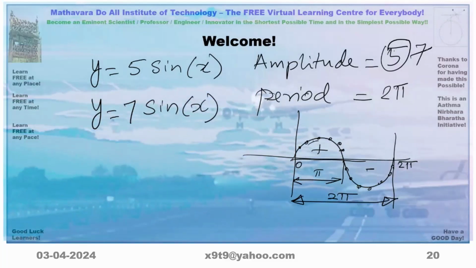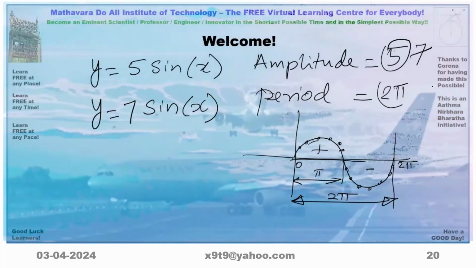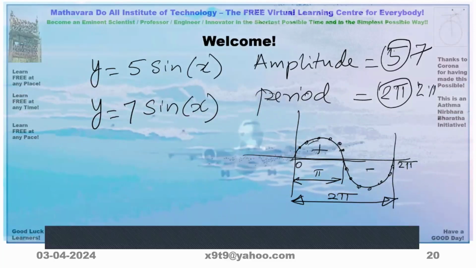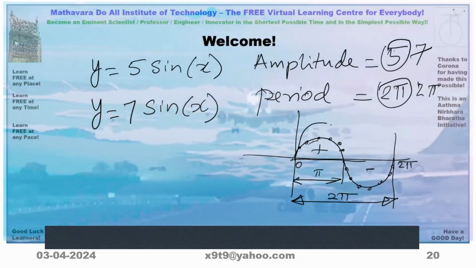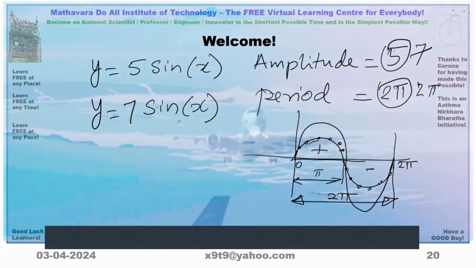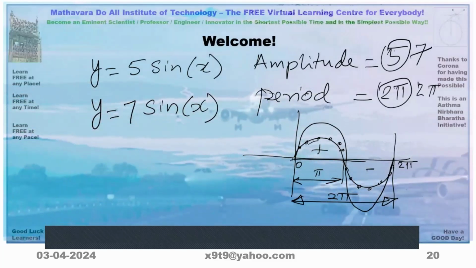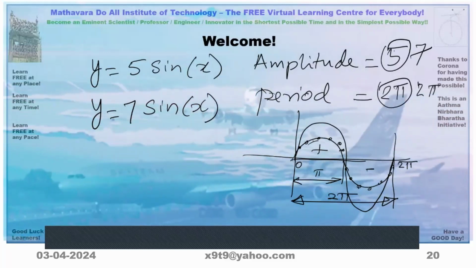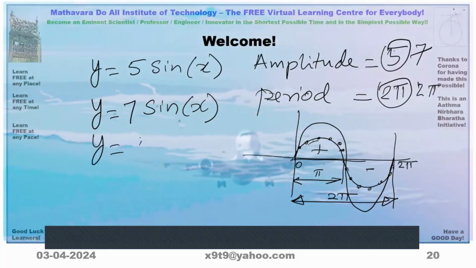It is 2 pi only. Period will not change. Is it always 2 pi? Because you see 7 means it will come like that. So the distance remains the same, 2 pi. You're able to follow?